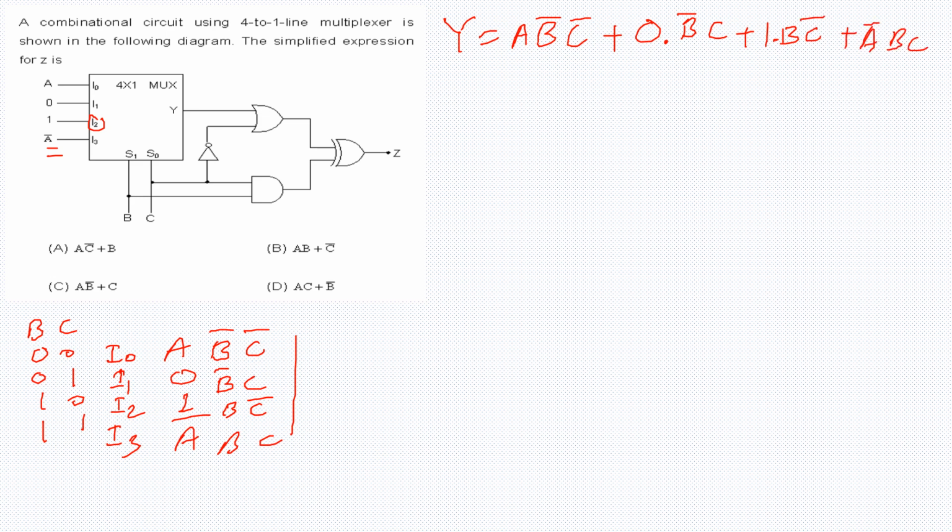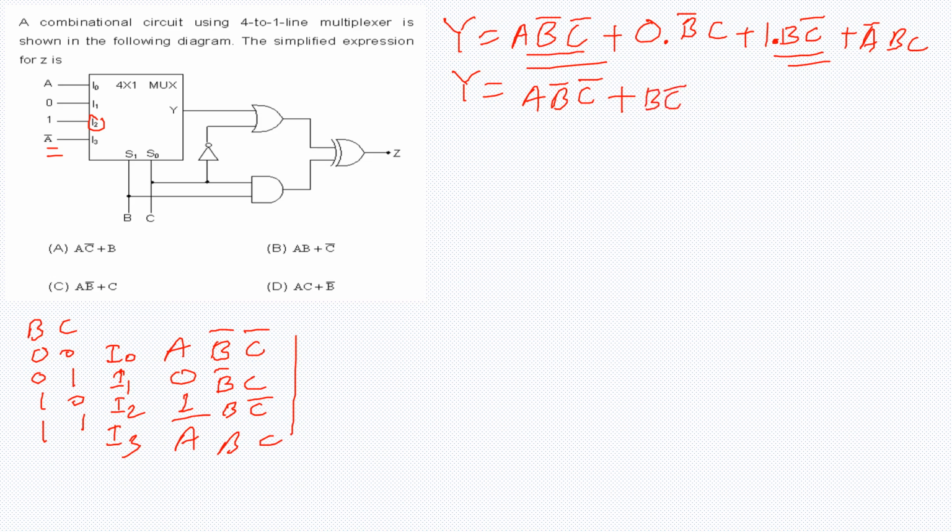Now in this expression we can further modify. What I can do is, you can see these two terms here, I will take them together. The one ending with B C bar, so your output will depend on B C bar, and I can simply write it as B C bar.